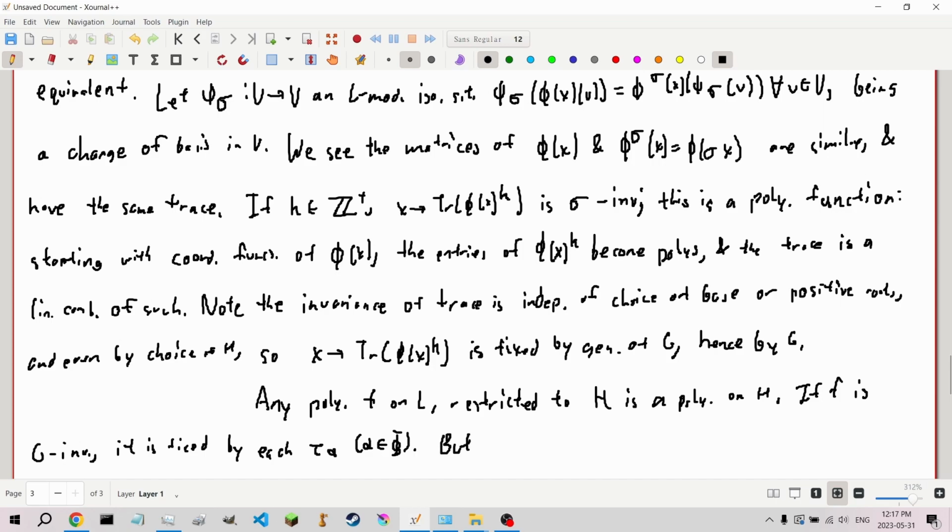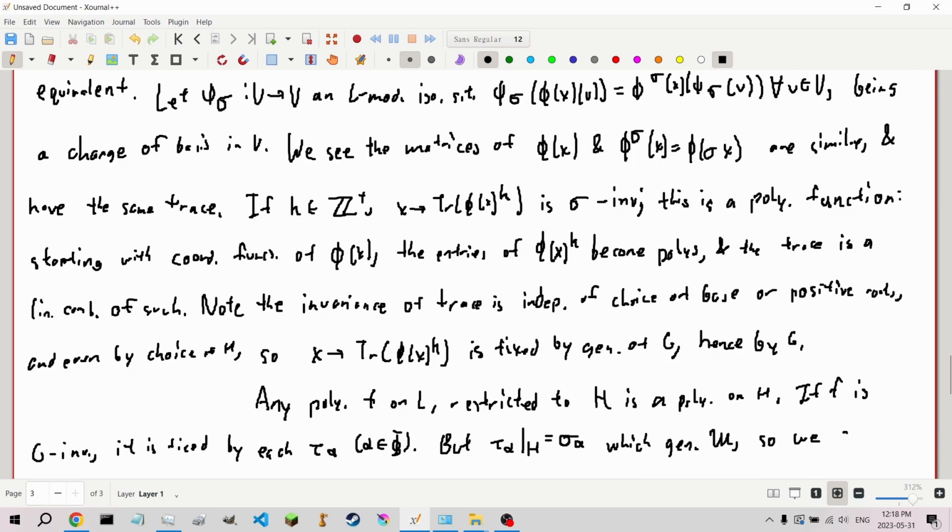But keep in mind that our restriction of alpha to H was just the reflection sigma alpha, which generate the Weyl group.